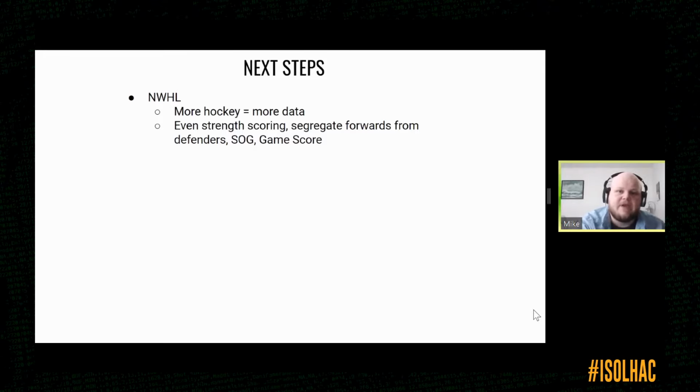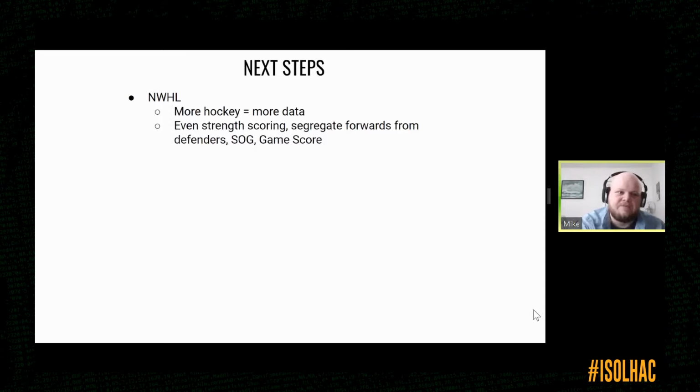I can take measures to segregate forwards from defenders, although that may be pretty tricky because it's much more frequent in women's hockey, at both the collegiate and professional level, for players to play both positions. And you get into the debate of, well, if they only played one game at D or one game at forward, what's the cutoff for designating them as a swing player or a slash player or a rover, whatever term you want to use.